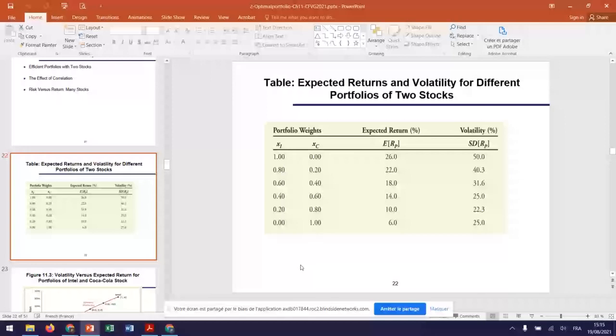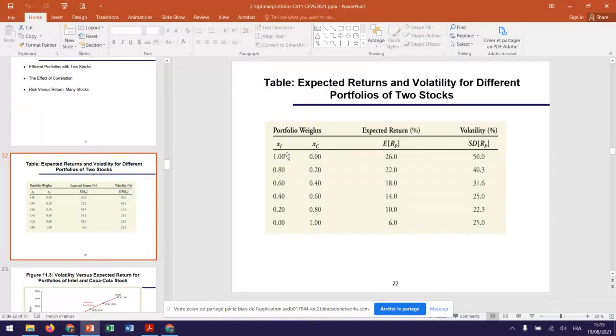Everybody follows? As you can see here, the portfolio weights: if you put 100% on Intel, 0 in Coca-Cola, the first row represents the characteristics of Intel stock.